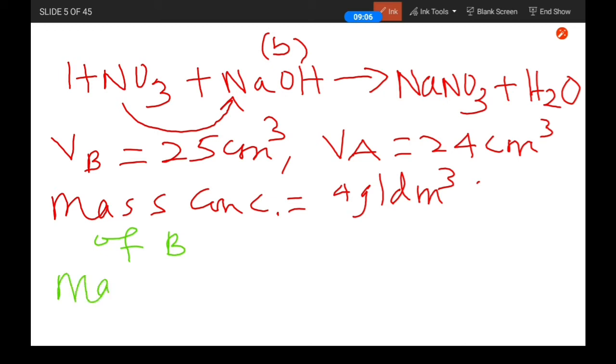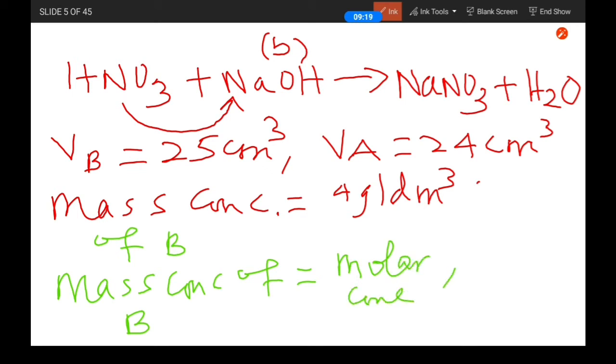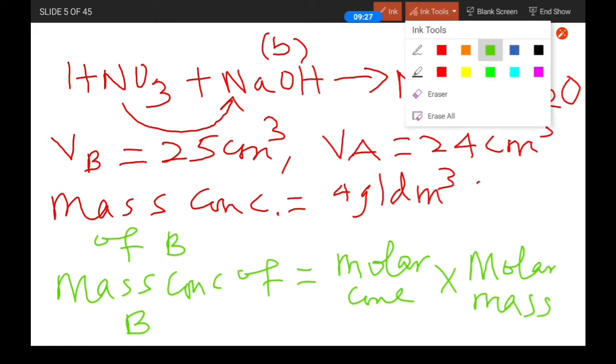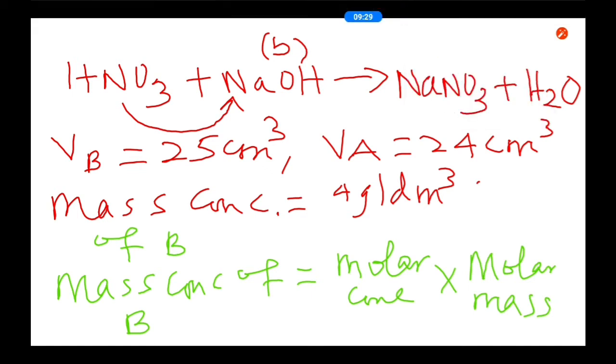Mass concentration of B equals molar concentration times molar mass, right?